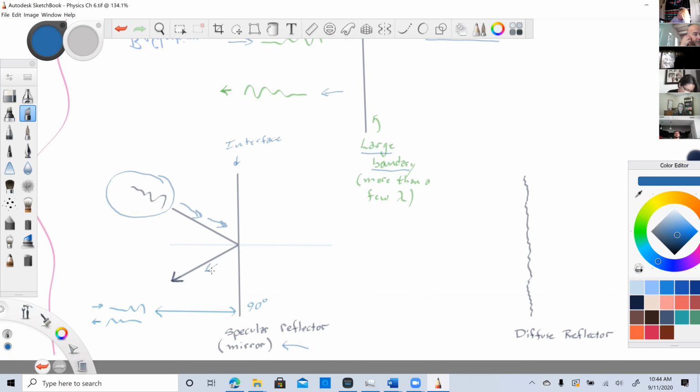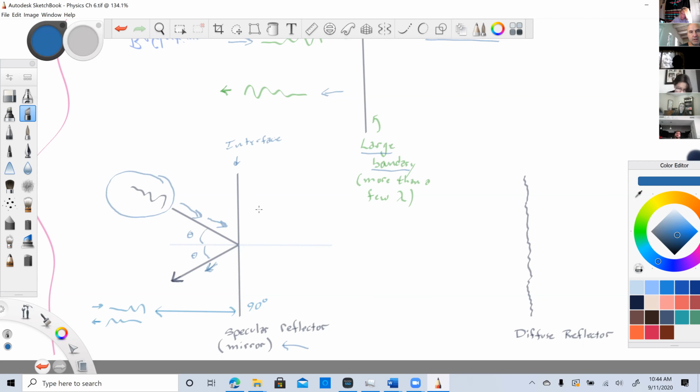It's actually going to come off at the same exact angle. So this theta, that angle there, is always going to be equal to that angle. That's the incident and reflective angle. But we'll talk about that again very soon.